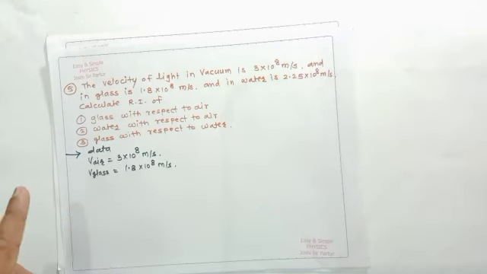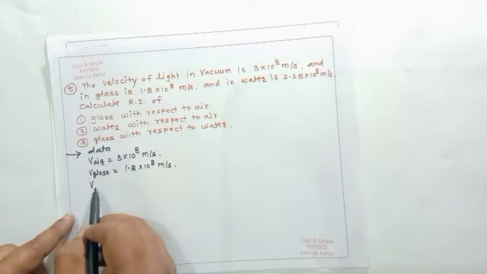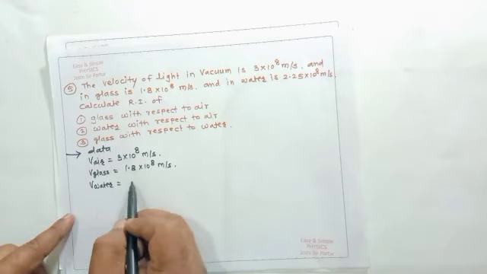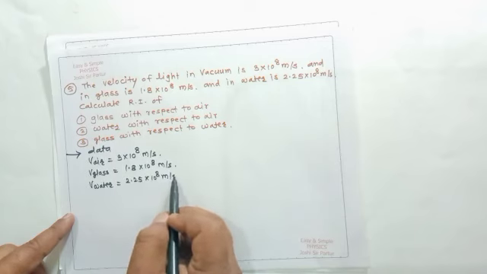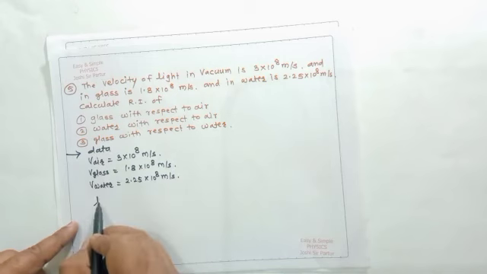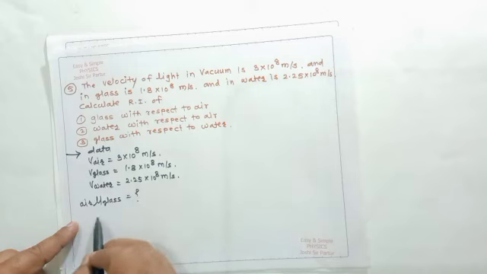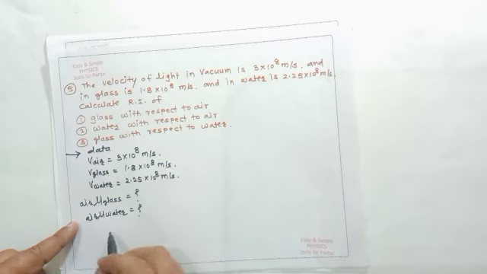And velocity of light in water will be 2.25 into 10 raised to 8 meter per second. So we can find out the refractive index of glass with respect to air, question mark. Another will be refractive index of water with respect to air, question mark. And third will be refractive index for glass with respect to water, question mark.